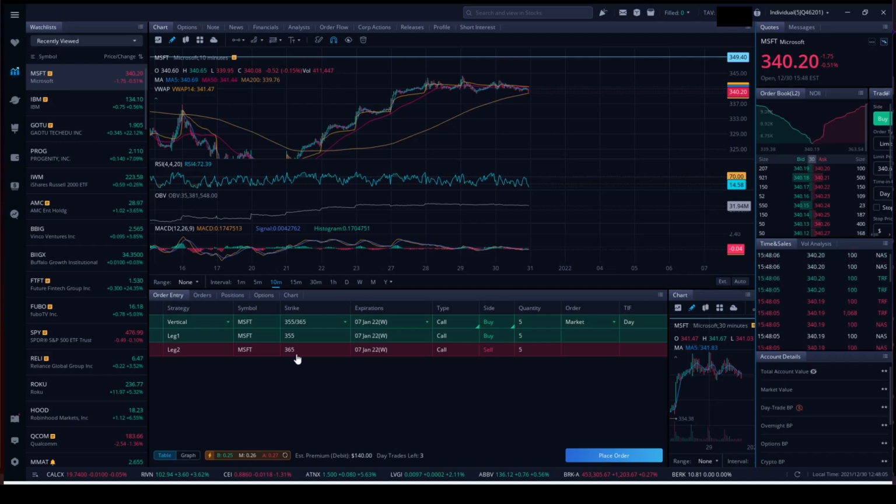You still technically have to trade this as a level 3 option strategy, which does put you at the risk of some weird things happening with early exercises. So a lot of brokers will restrict this type of trading to L3 options trades. But at the same time, it's actually one of the least risky option strategies you can ever work with. So it's kind of weird how that works out.